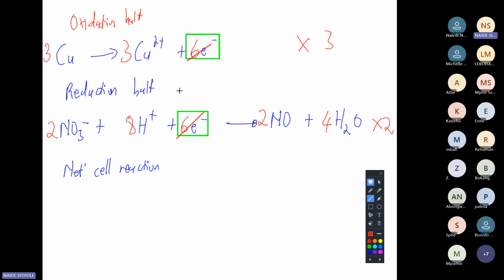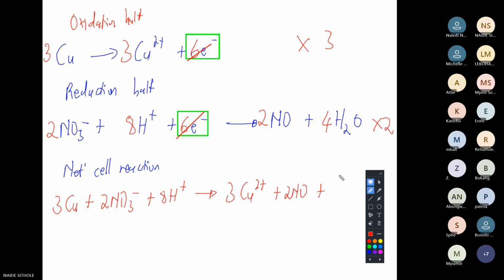So that means let's just drop everything. 3Cu on the left, and then 2NO3 minus plus 8H plus on the left. On the right of the arrow, you have 3Cu2 plus, 2NO plus 4H2O.